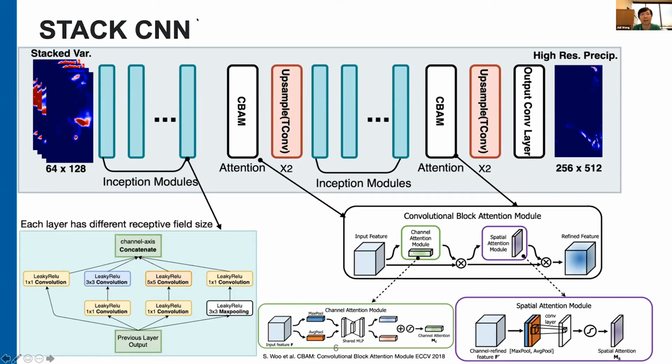two techniques that I would like to highlight here. One is the so-called inception module, which tackles the misalignment problem, as we mentioned before. Those images look quite different, and they're not aligned with each other in terms of the precipitation values.